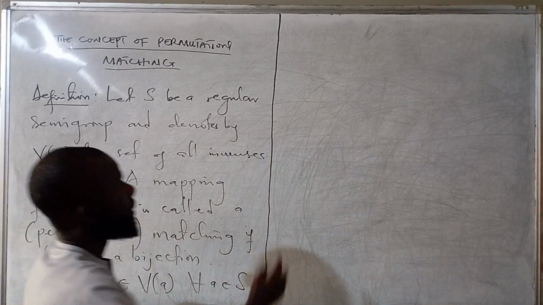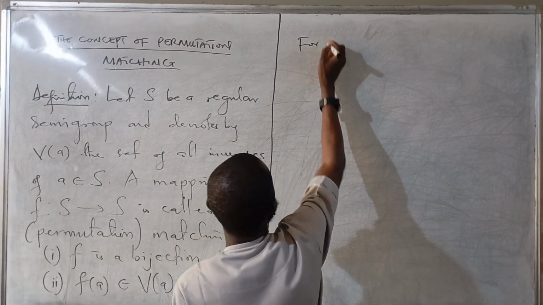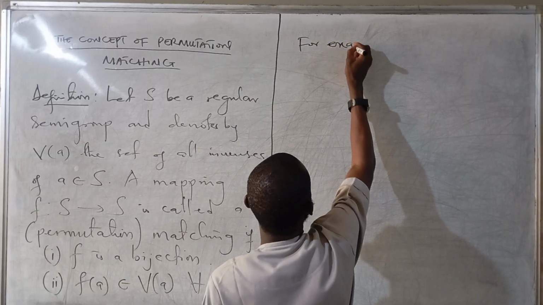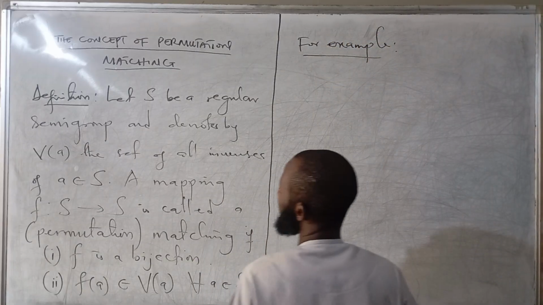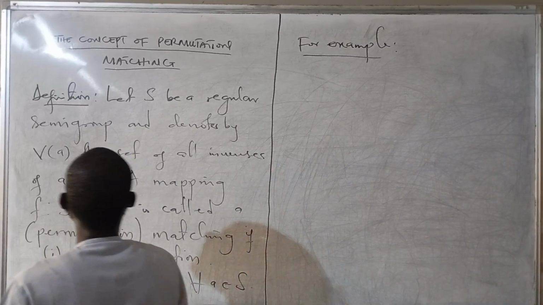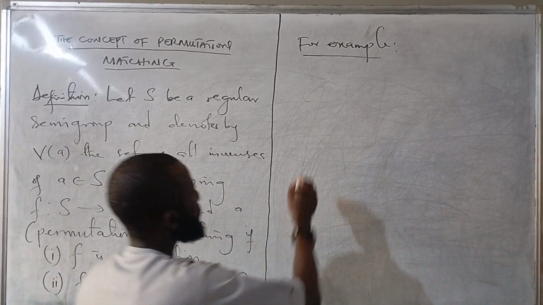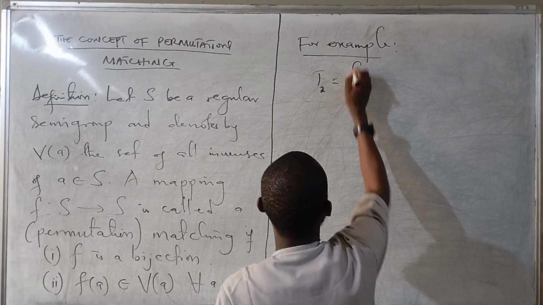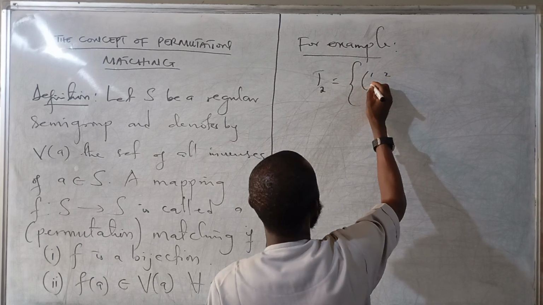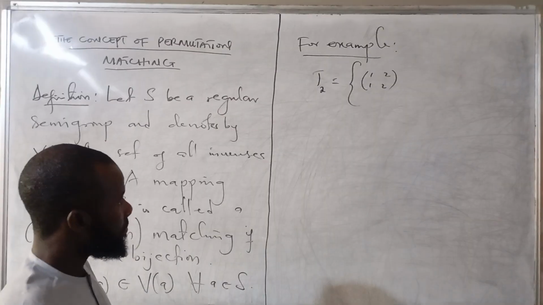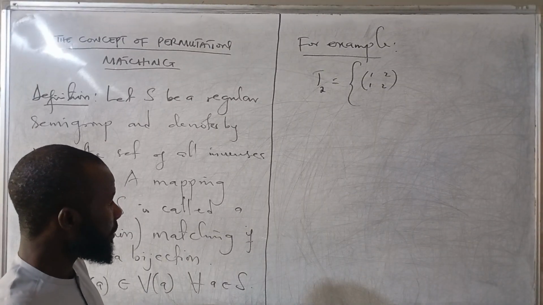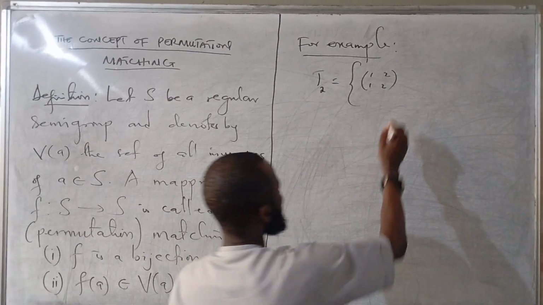Okay? I can give you an example of what this is. For example, we can consider the semigroup T2. Remember T2? This will be the semigroup of all mappings from a set of two elements to itself.